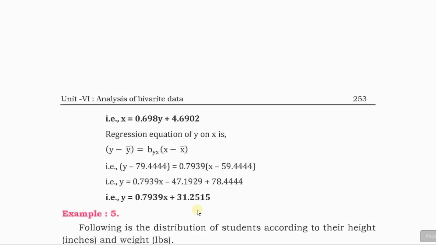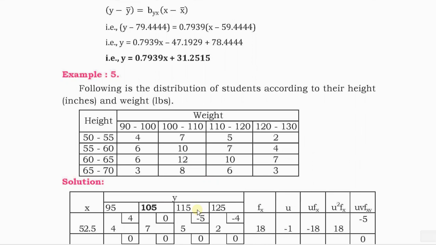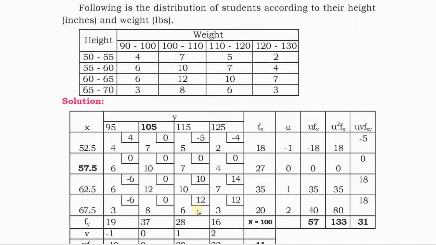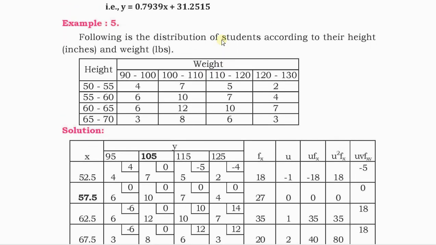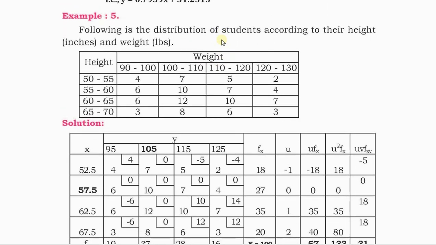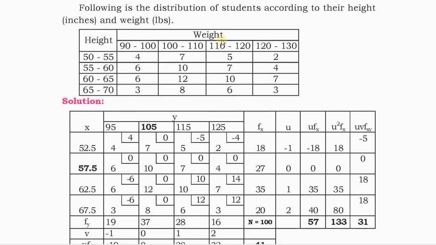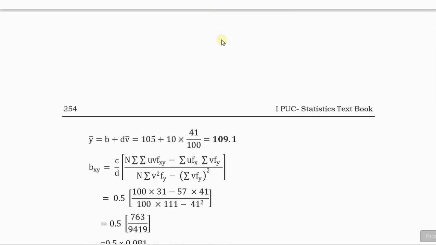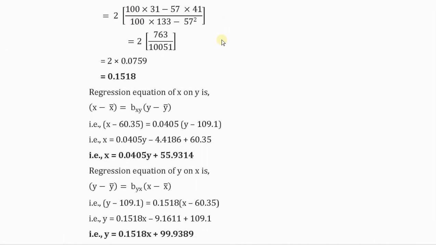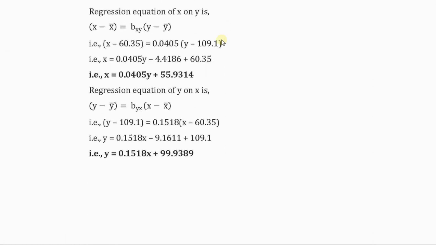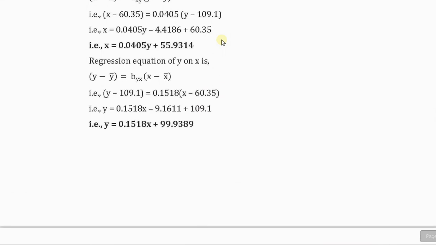Next, we shall look at how to fit a regression equation on grouped data. Now here they have given you grouped data. Okay, so this is one variable x, the height, and this is another variable, say weight. Now you have been asked to fit the regression equations of x on y and y on x.